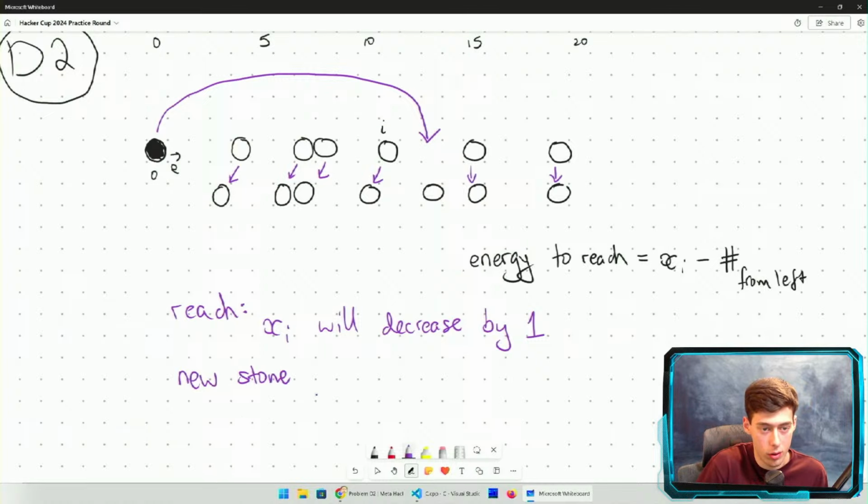New stone at position the current energy of the stone thrown, plus the number of stones reached, right? Because each stone that you reached will give you a boost of 1. That's where this new stone will slot in based on our mapping.